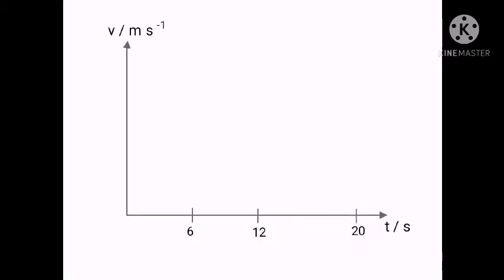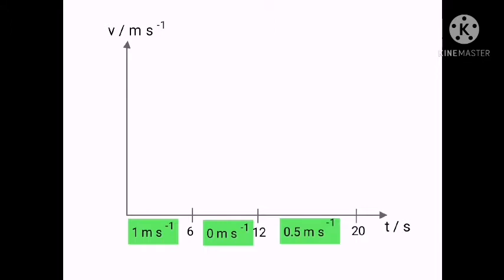So here I have my velocity versus time graph. And if you notice here, I have plotted my 6, 12 and 20 second on my time axis. From 0 second to 6 second, the velocity was 1 meter per second.